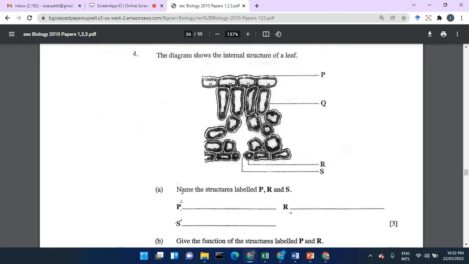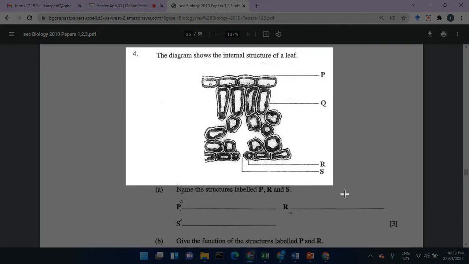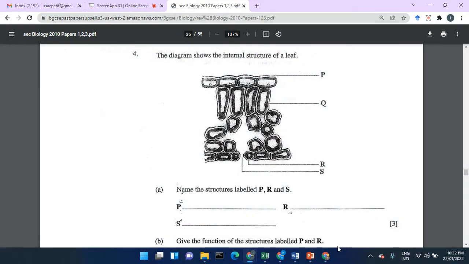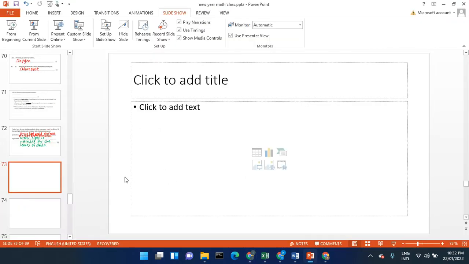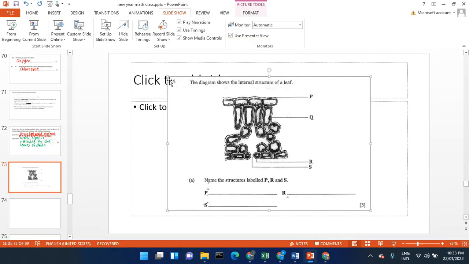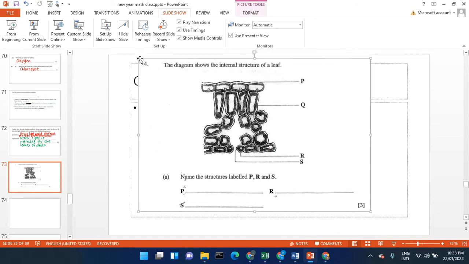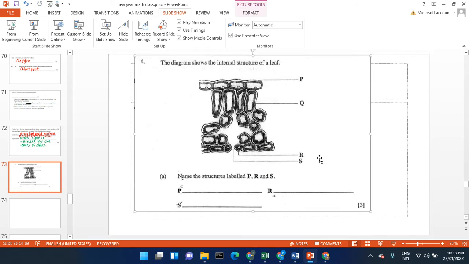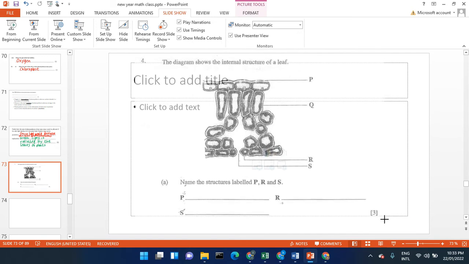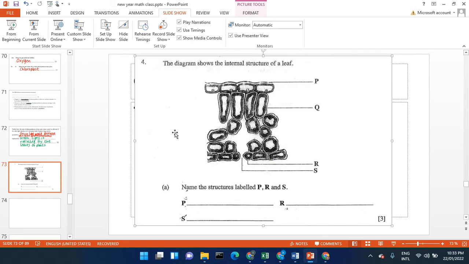I'm going to grab this question and put it on the PowerPoint so that we can edit it. You can begin trying it on your own while I format this. Ask yourself, what are these structures?